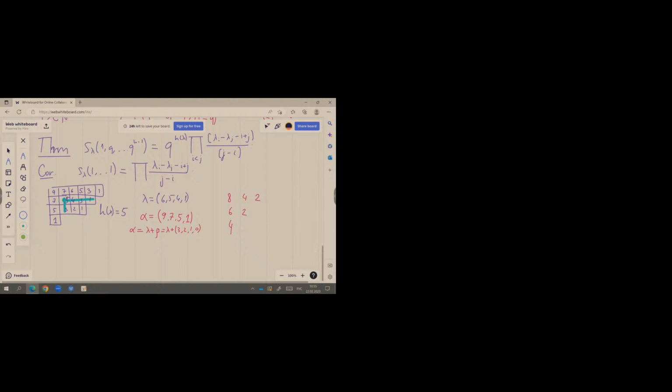And here 8 is missing because as I move from 7 to 9, I get this box, which is over here, and makes this hook one box longer.